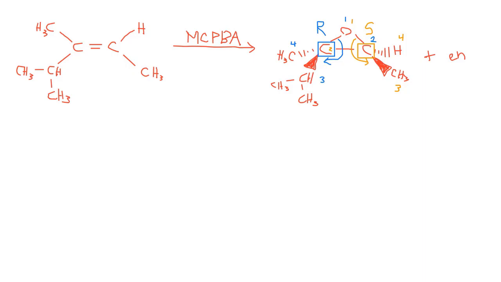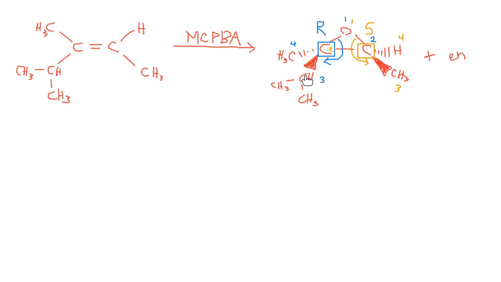Now these are not identical on both sides. These are actually asymmetric. So the RS and the SR are not going to be the same. Strictly speaking, were I to name this, I could count from the side that's closest to the epoxy group. So this would be number 1, 2, 3, 4, 5.